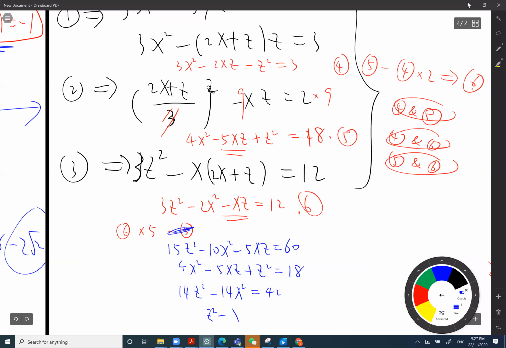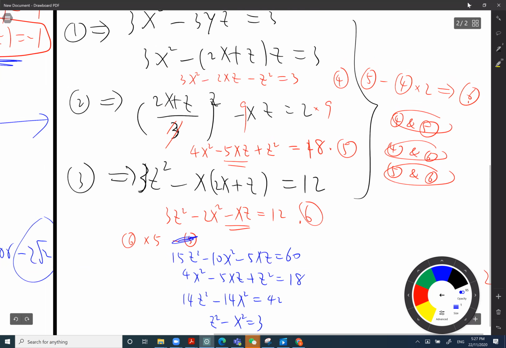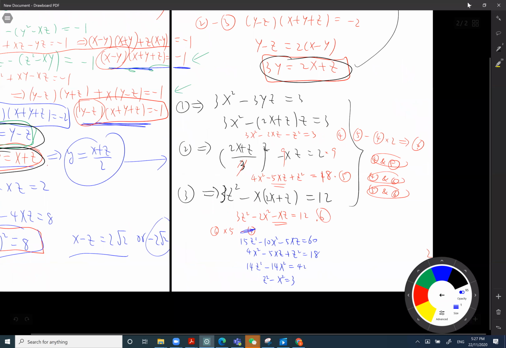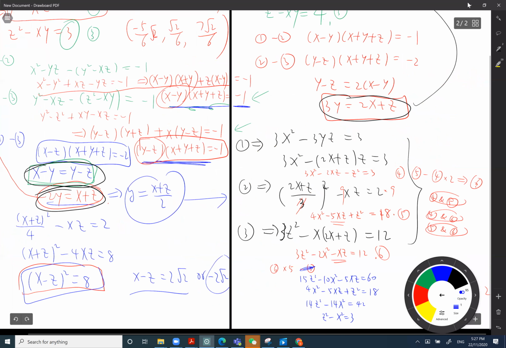Z squared minus x squared equals 3. We got z squared minus x squared equals 3.